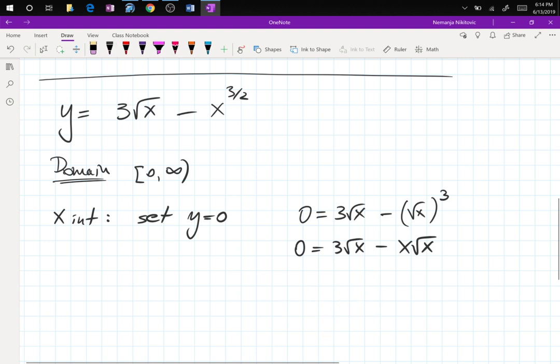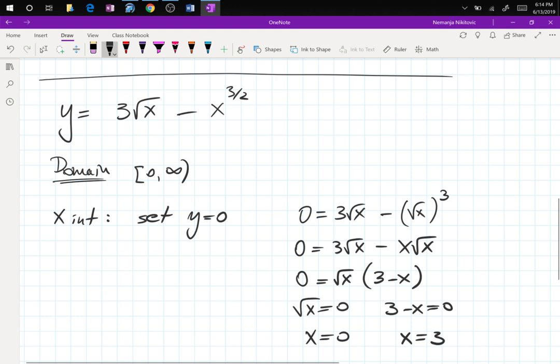And now we factor out root x. And we have 3 minus x. So root x equal to 0. And 3 minus x equal to 0. X equals 0. X equals 3. We have 0, 0.